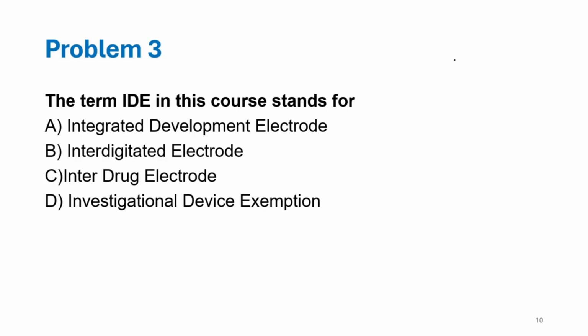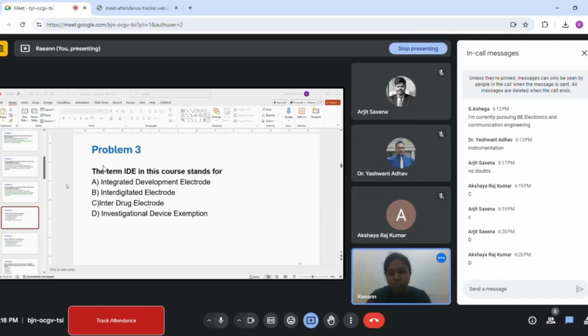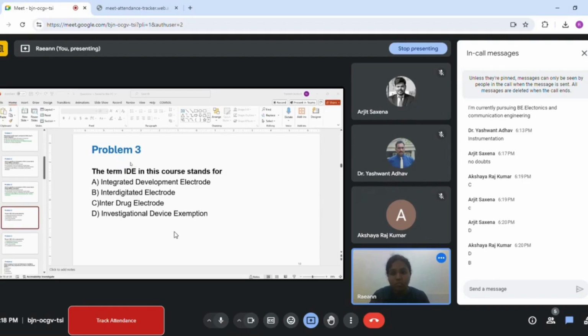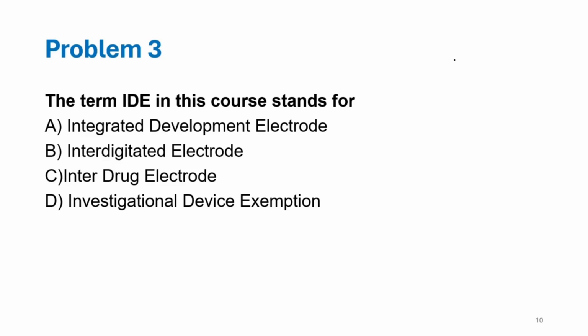Okay. So the answer is B. Interdigitated electrode. So what is IDE? An IDE looks like this, right?